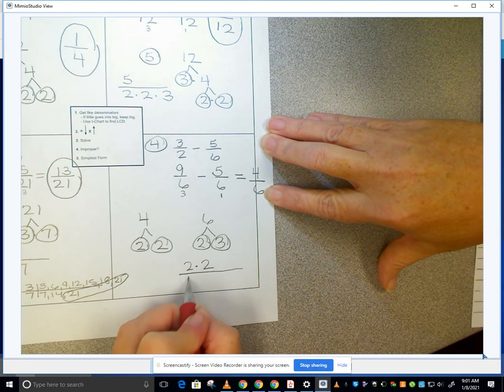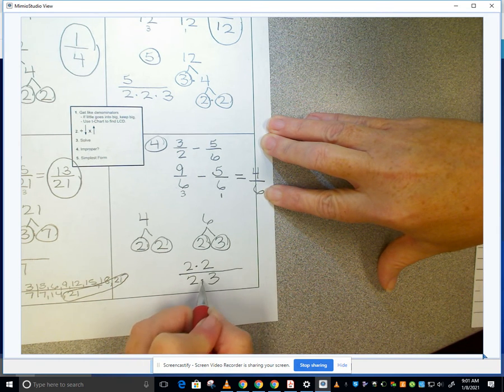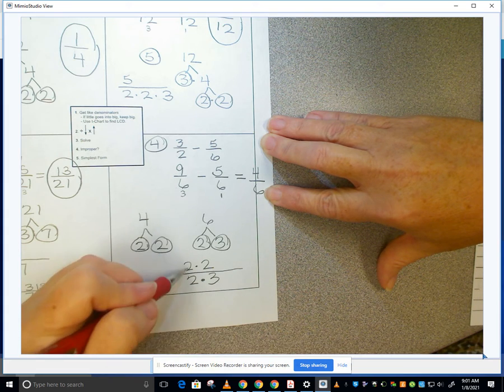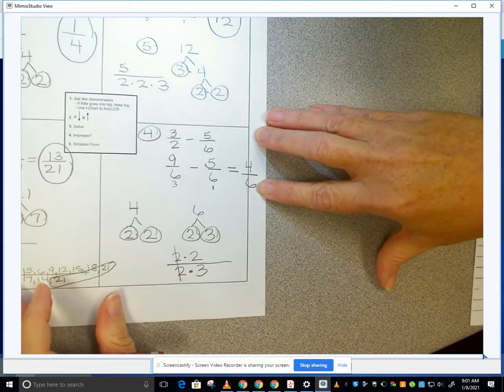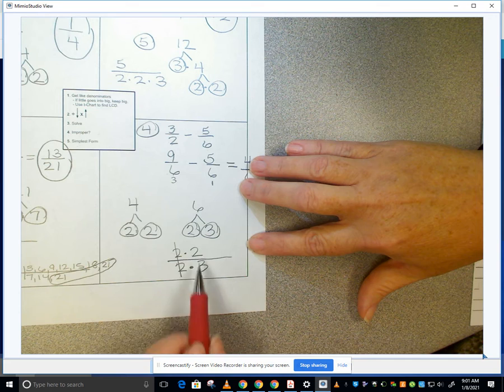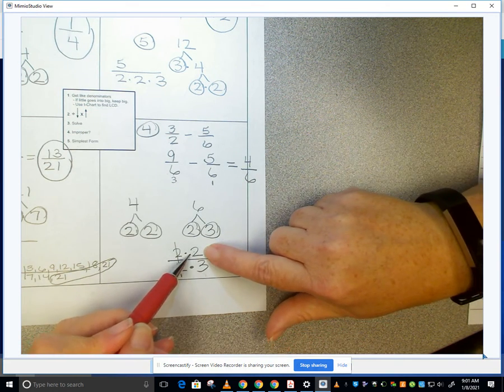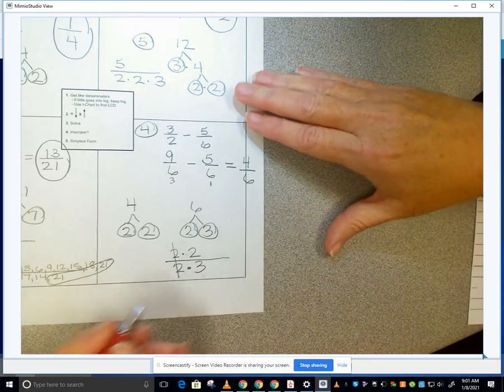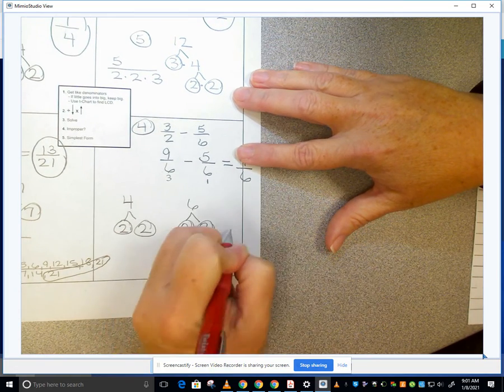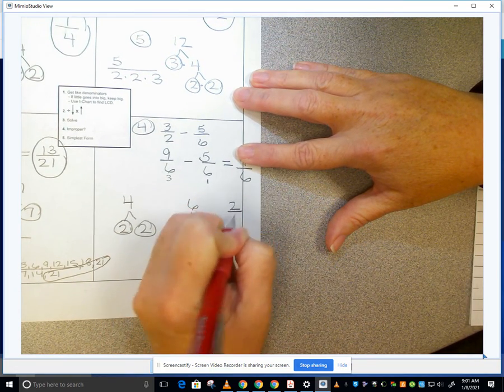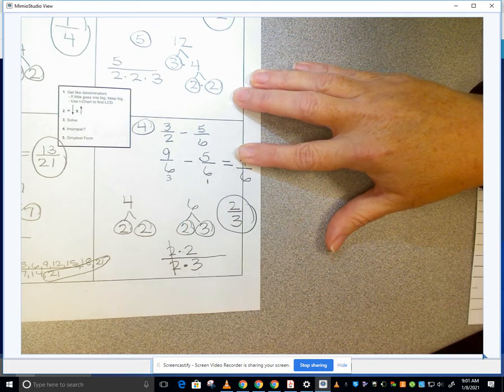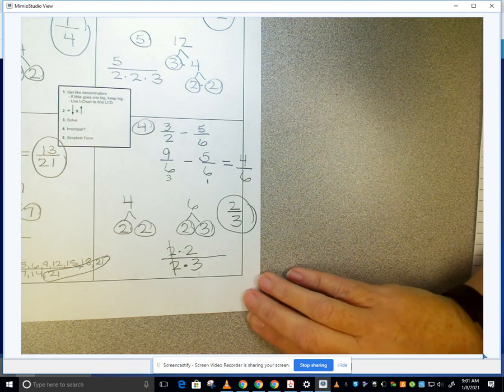The numbers for 6 on bottom, 2 times 3. I'll match these up. And look what I've got left. Since there's nothing to multiply this with, that is my final answer, 2 thirds. And I'll circle it.